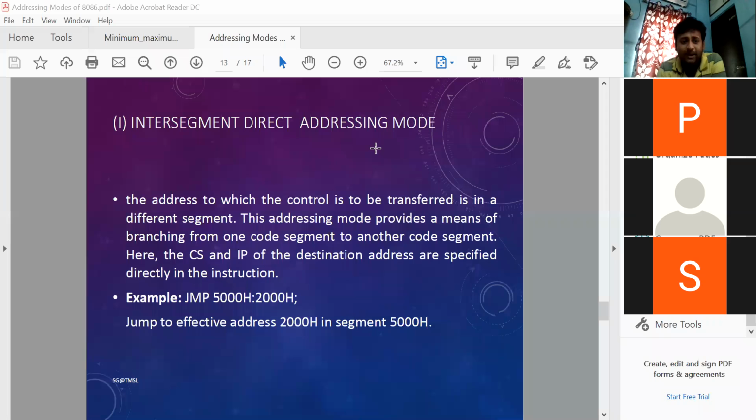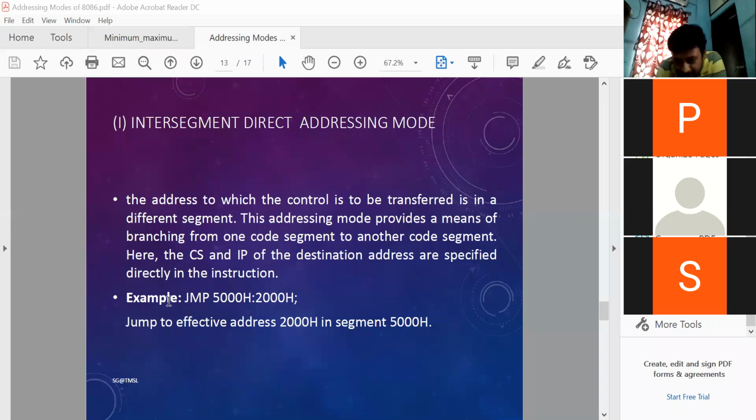Like intersegment, if it is between two different segments, then the intersegment direct addressing mode is written in this way: JMP 5000 is to 2000. This JMP is written in some segment, which is 3000. So when the microprocessor reaches the 3000 memory location, and this instruction has been written in this memory location, it goes and executes from 3000 to 5000.